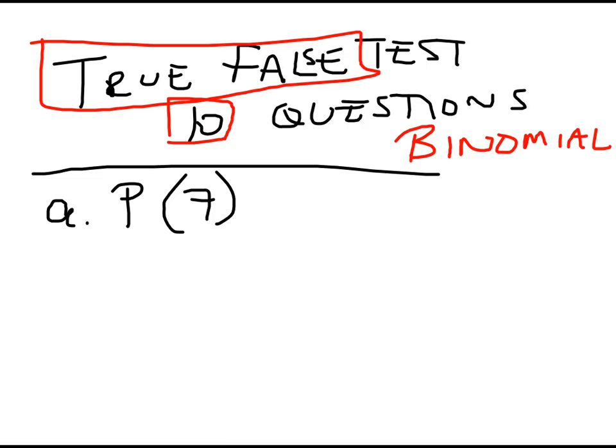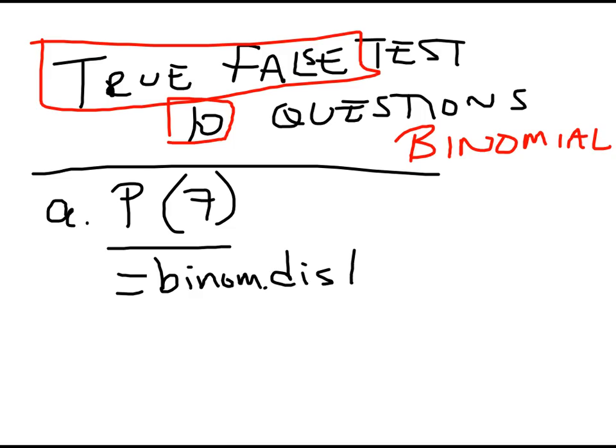The way we do this in Excel is we type equals binom.dist, parentheses. We know that x equals 7, because that's the number of successes. We know that the number of trials equals 10.